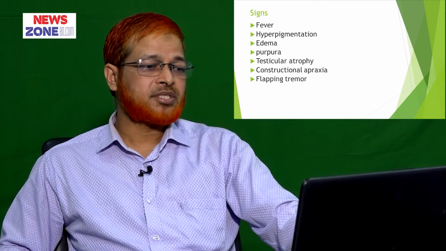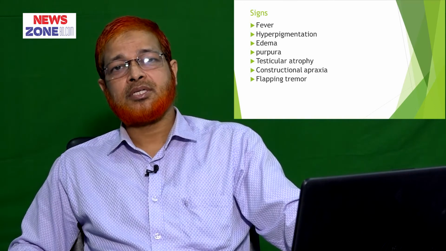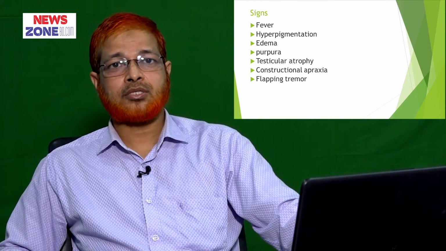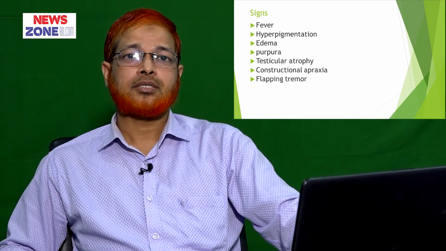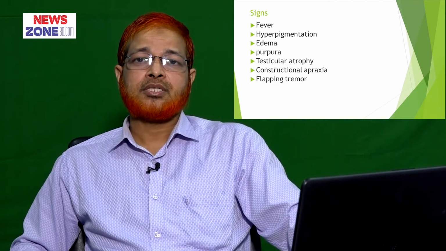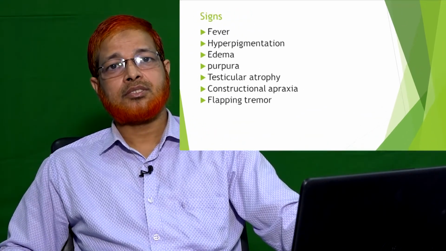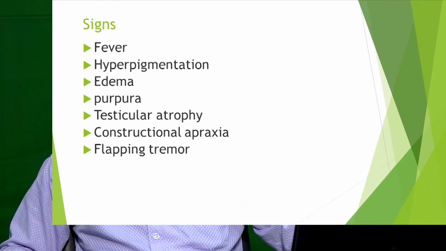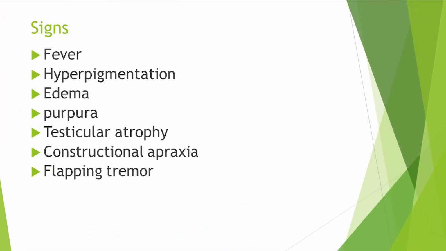What are the other features? If the patient has thrombocytopenia, we can see purpura. If we examine the testis, it is soft, non-tender, and small, that is testicular atrophy.